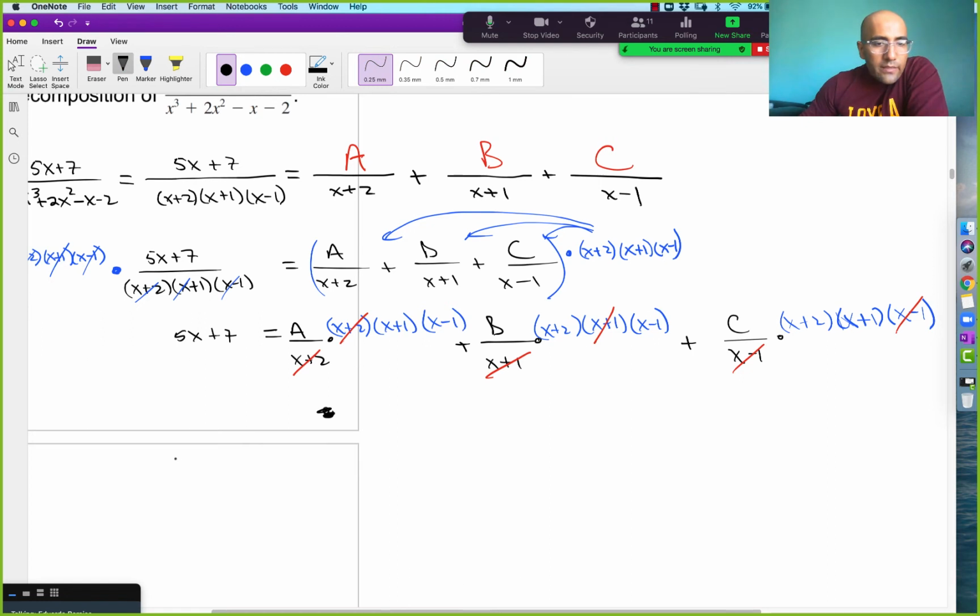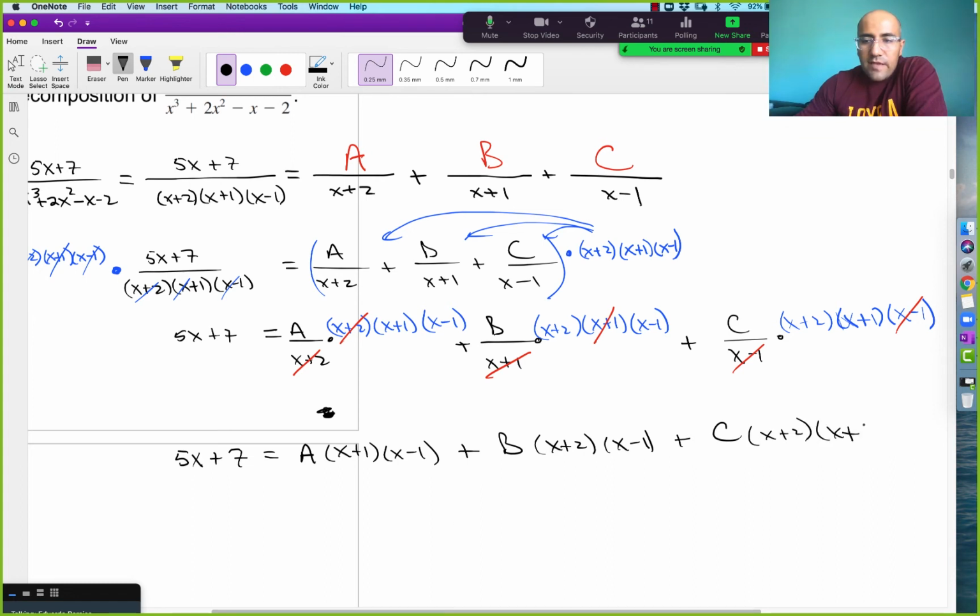So on the left-hand side I have 5x + 7 equals A times (x + 1)(x - 1), plus B times (x + 2)(x - 1), plus C times (x + 2)(x + 1). This first one is a difference of squares, so it's really A times (x² - 1).